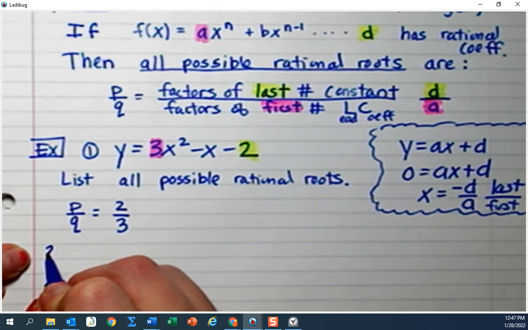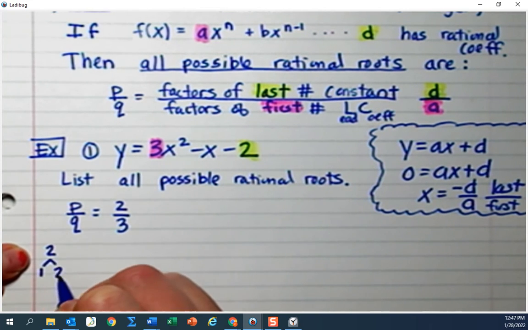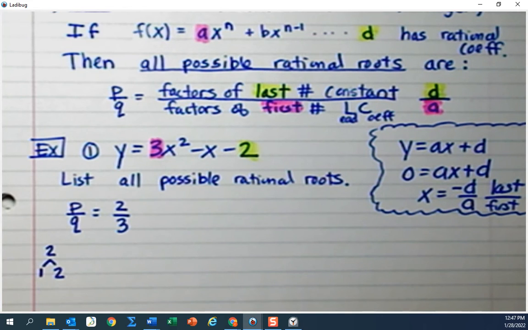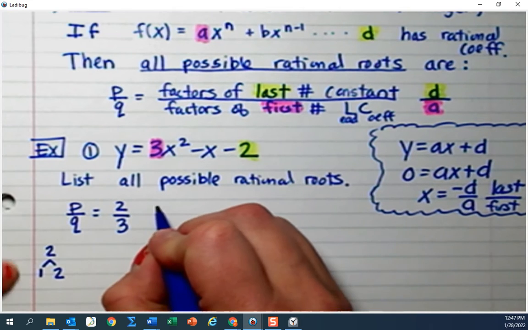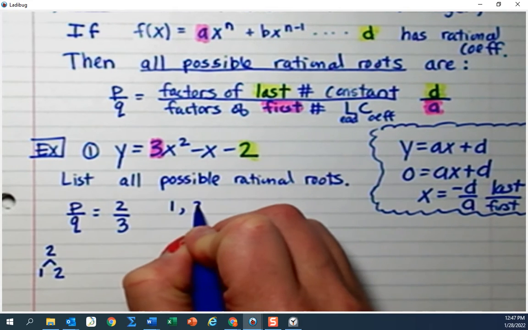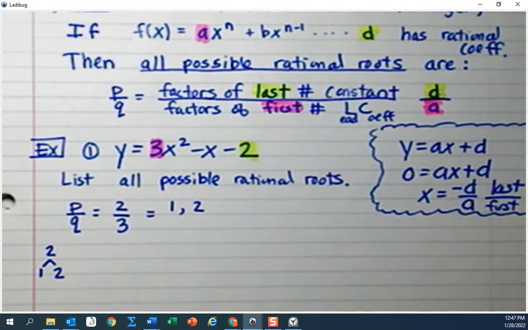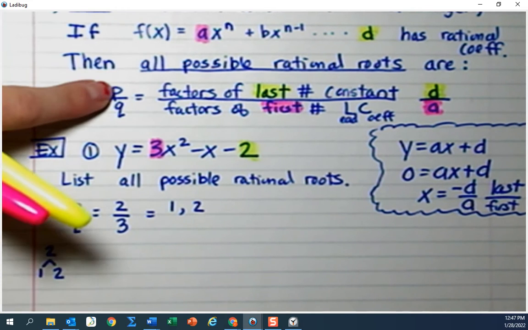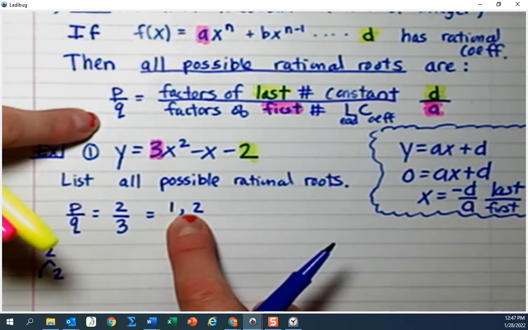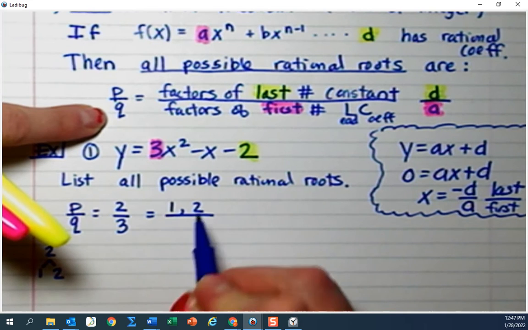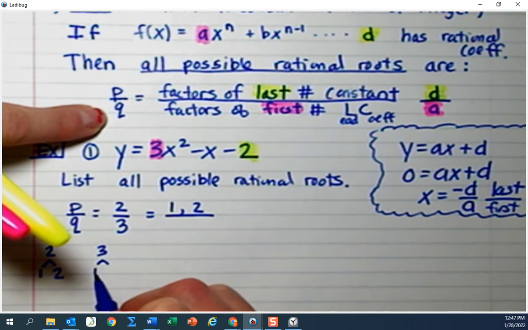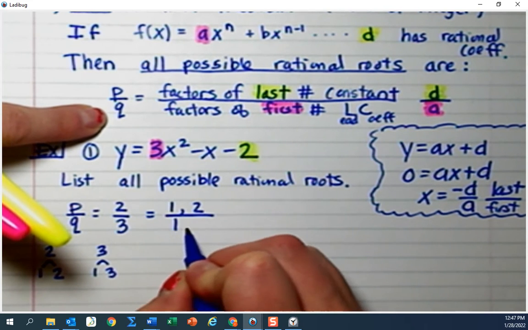So I'm going to start by writing 2 here, and I'm going to write out the factors of 2, which is 1 and 2. So I'm going to write 1, comma 2. There's actually a couple steps to how we get to the final list. Factors of the last number over factors of the first number. So that's just 1 and 3.